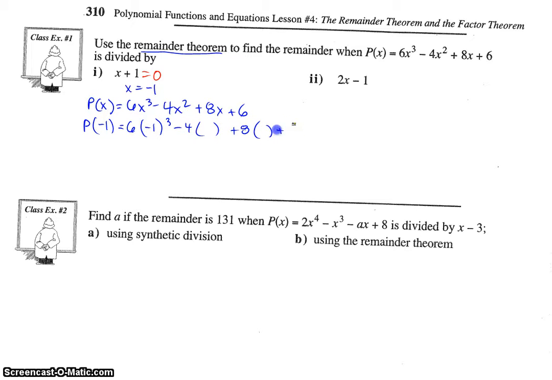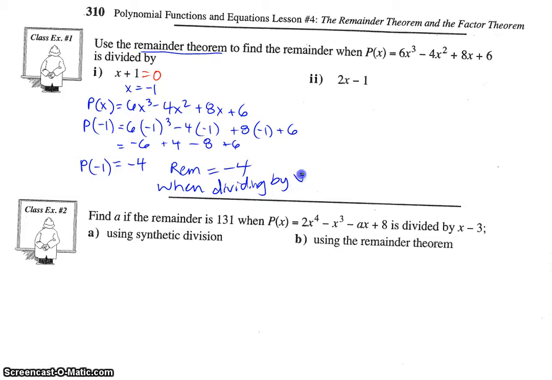Run through, put brackets, then put in your value for x, -1, and then simplify this. Okay, and when you do that, you should end up with -4. So that means our remainder is equal to -4 when we're dividing by x plus 1 for that polynomial.